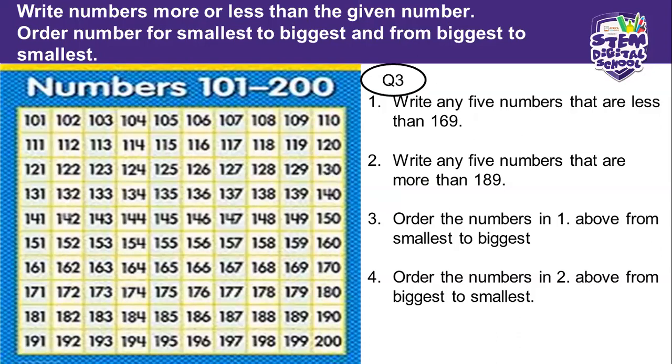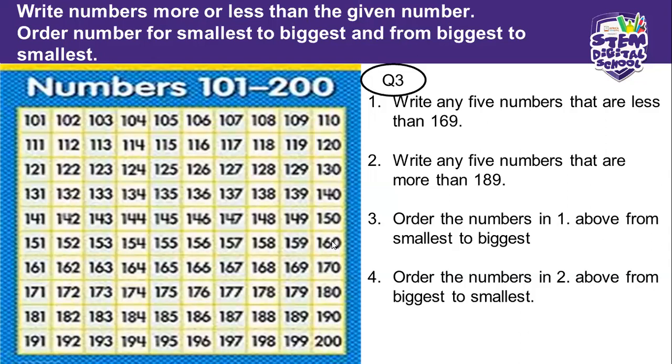Five numbers. Okay, I am done. Okay, Osinach, I see you're done. Good, Avi, that's correct. Now let's go to number 3.